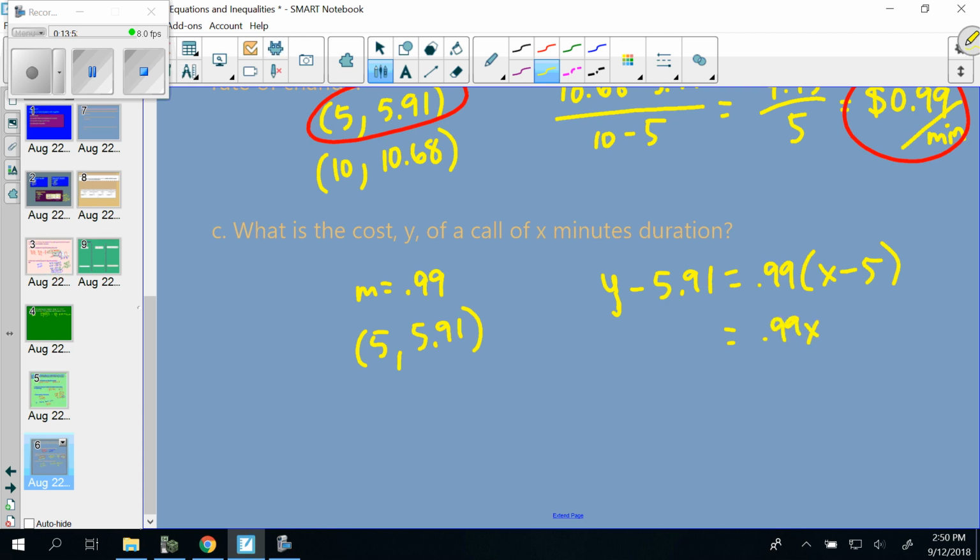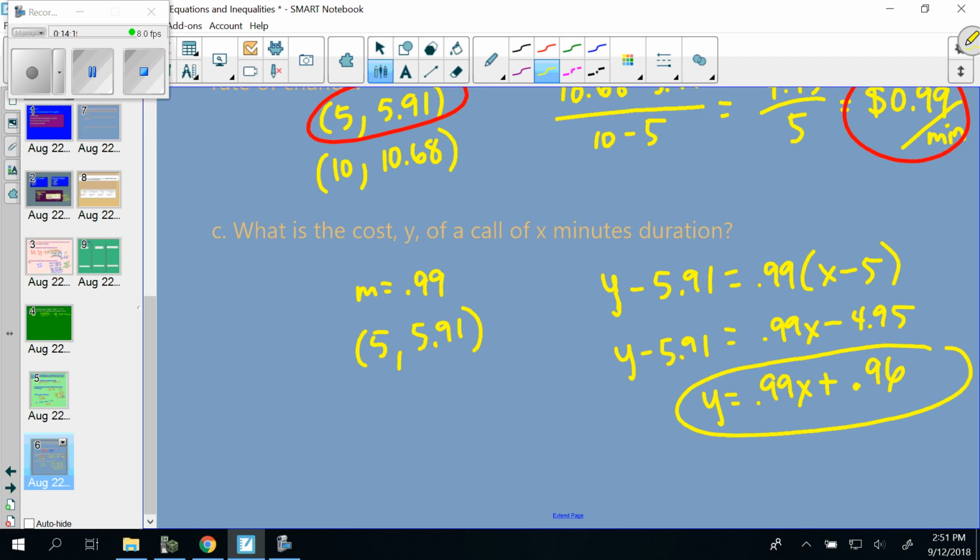On this side, we give you this. And now we got to add over that $5.91. So you get the equation 0.99x plus, adding 5.91 to a negative 4.95 would be 0.96. So that would be our equation there.